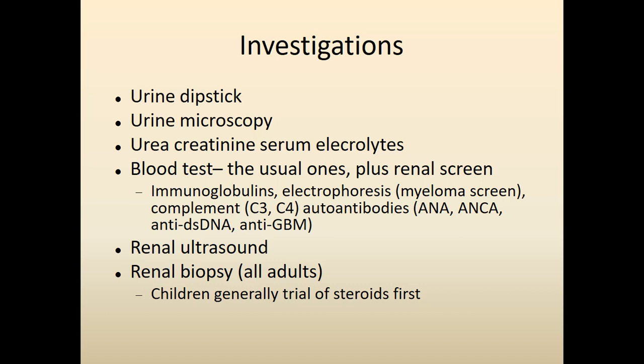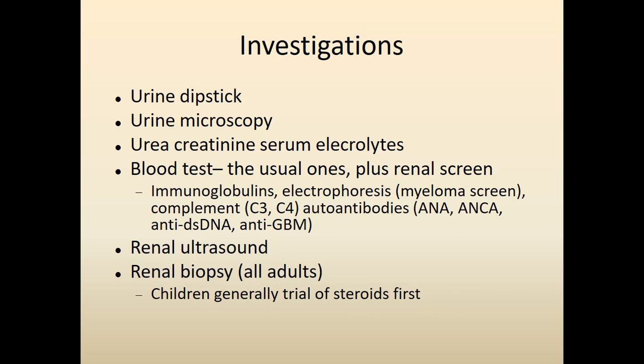Renal ultrasound shows renal size, parenchymal changes, and any obstruction. Finally, we should go for a renal biopsy for the renal lesions, which I already explained: minimal change disease, focal segmental glomerulosclerosis, membranous nephropathy, and membranoproliferative glomerulonephritis.